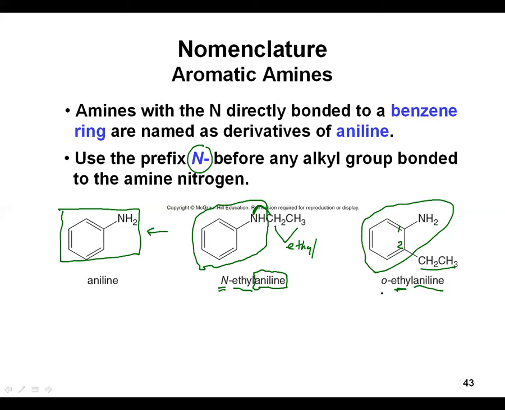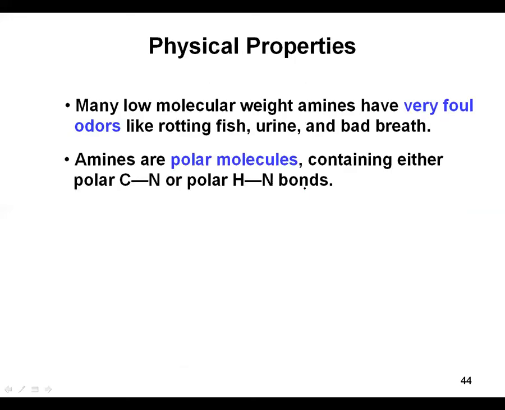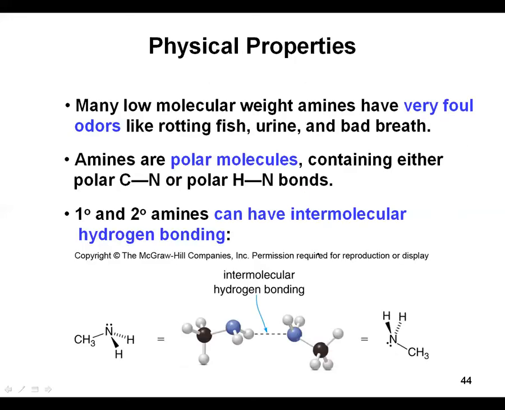We talked about it with benzene. Remember, 1,3 is the meta positioning of those groups on a benzene ring, and 1,4 is the para positioning on that. Any questions on that there?